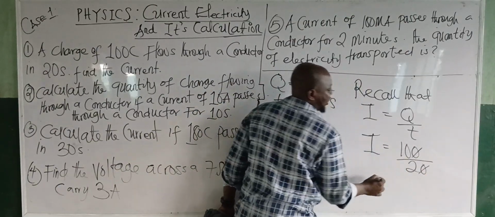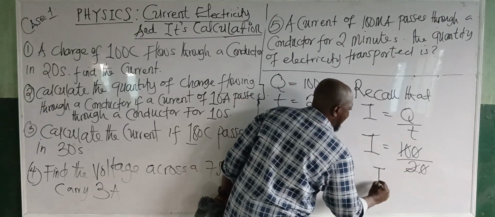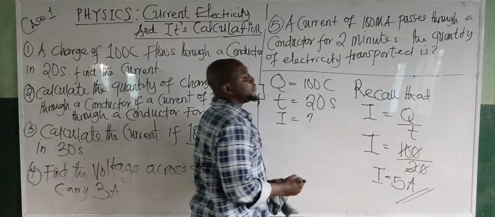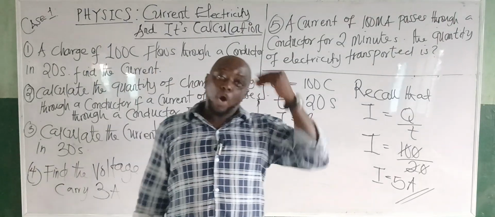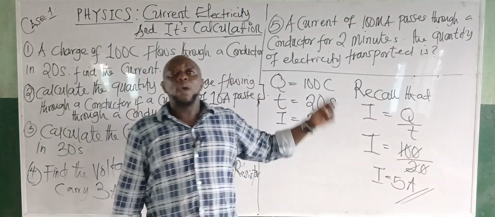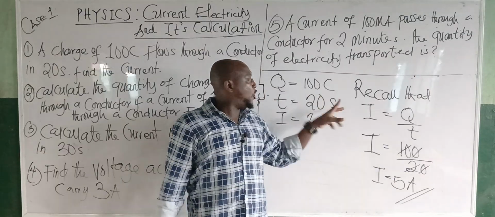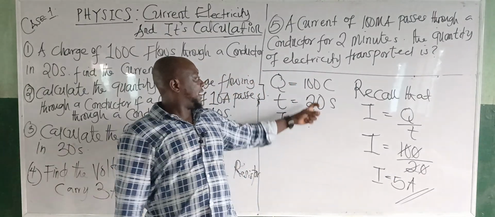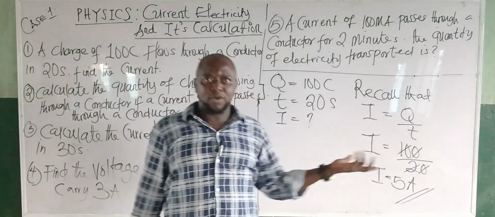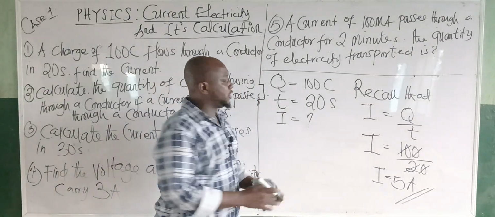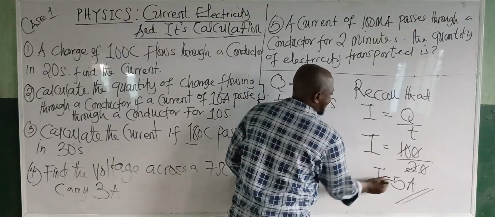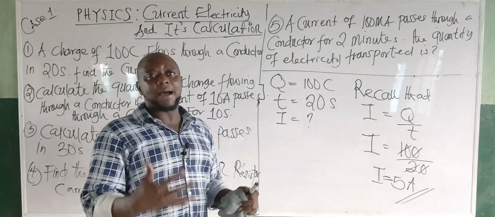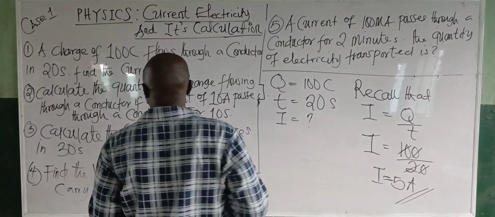This will give us 5 ampere. So this is the amount of current that will be generated when a charge of 100 is released in this time. It's very, very simple. Try and recall the formula, and it's easier for you to solve this.